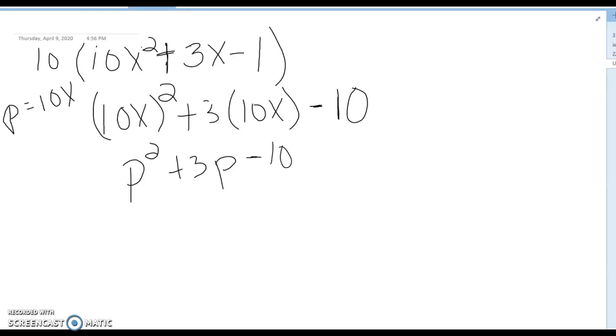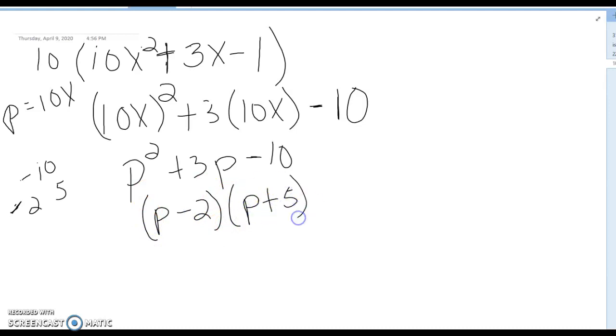I'm looking for factors of negative 10 that add to 3. So that negative 10 would be 2 and 5, and the 5 is going to be positive, sorry, because I want the 3 to be positive. I have p minus 2 times the quantity p plus 5.